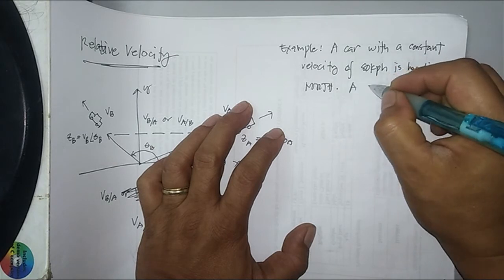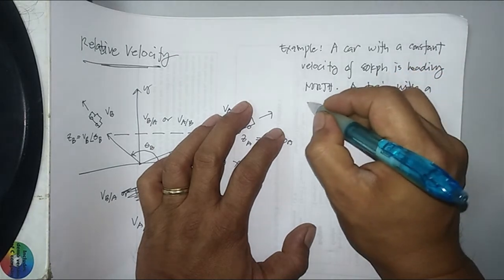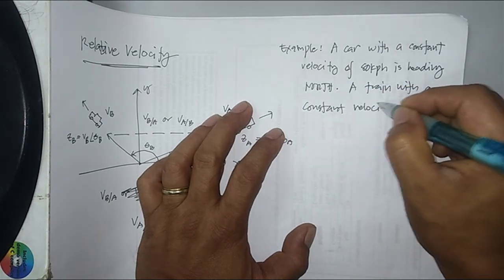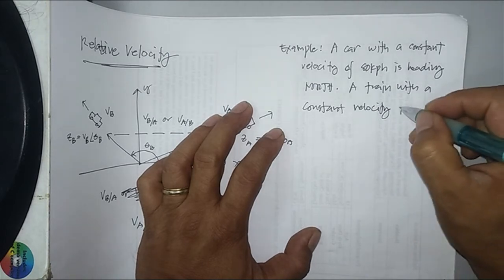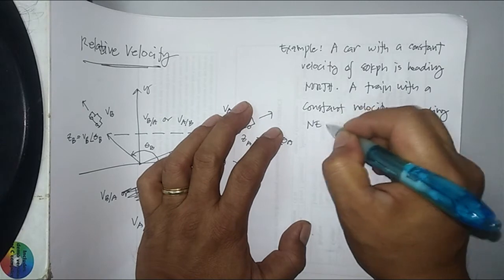A train with a constant velocity is heading northeast.